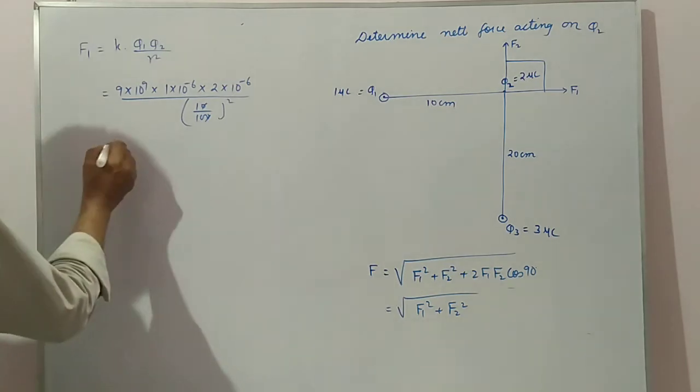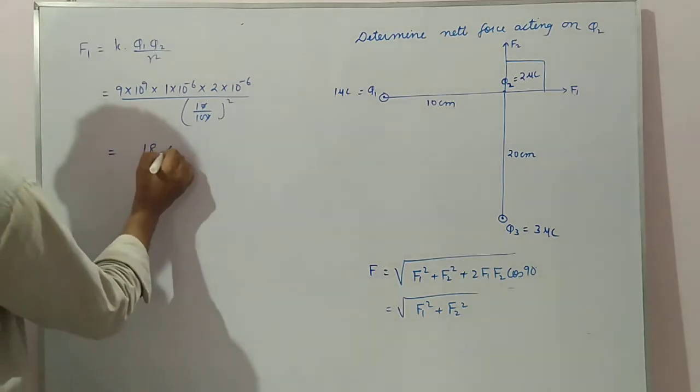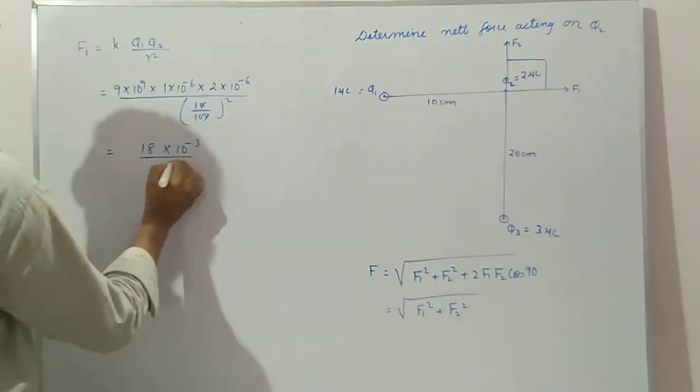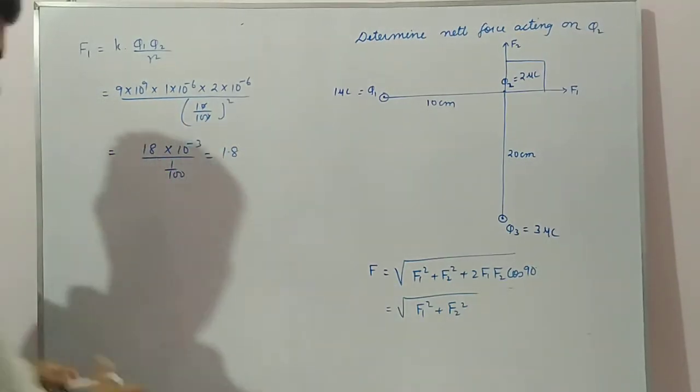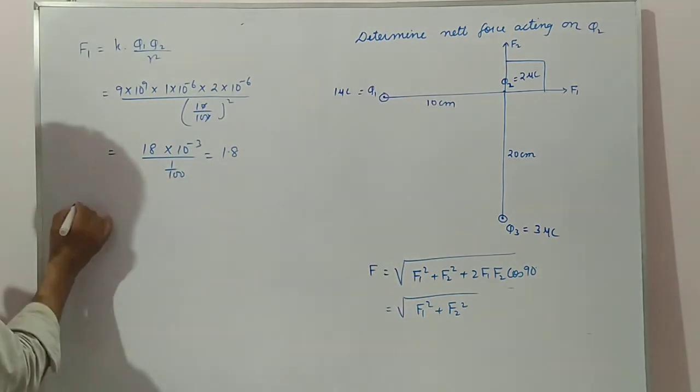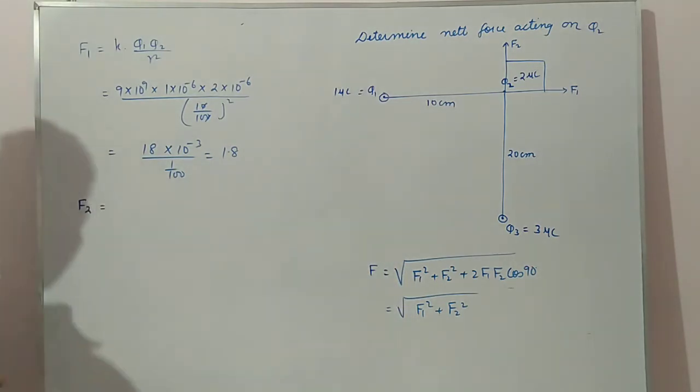So this is 9 into 2, 18 into 10 to the power minus 3 by 1 by 100, equal to 1.8.